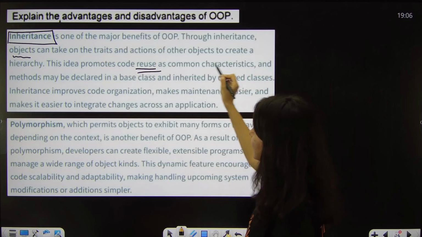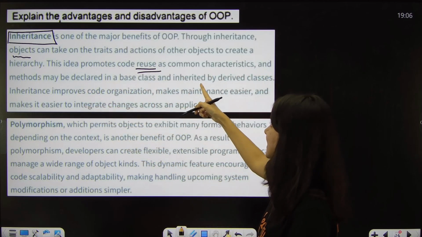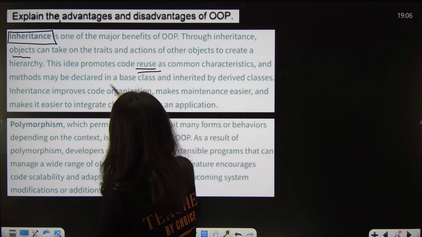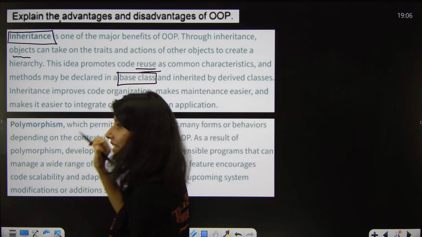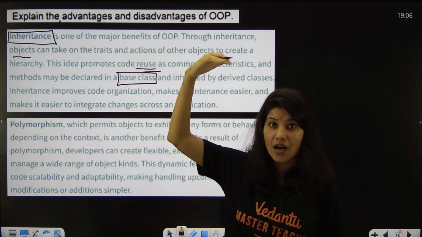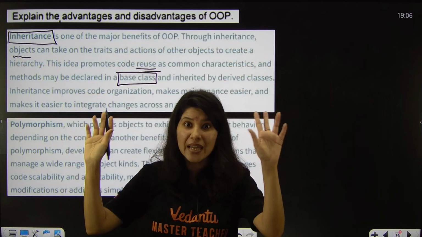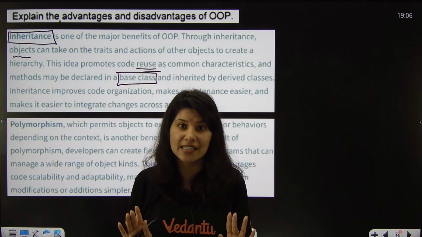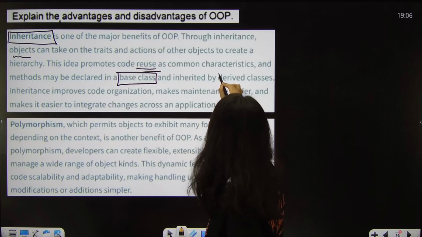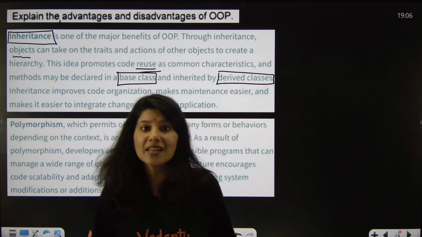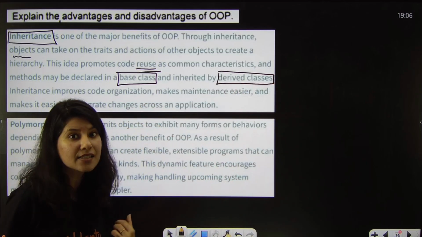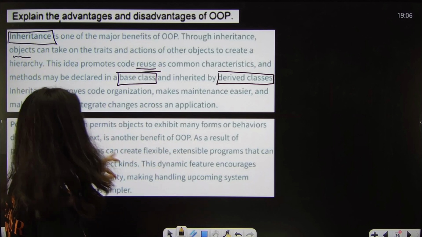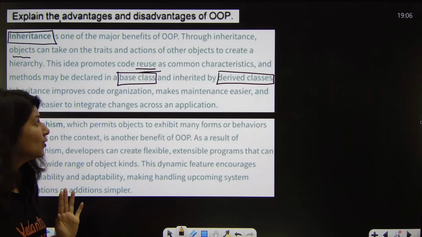Common characteristics and methods may be declared in a base class and inherited by a derived class. So basically there will be a base class. The base class will be the main class. It will have the upper hand in the hierarchy, the first-time created class. Now there will be a derived class. Derived class means that it will inherit some of the characteristics or properties of the base class. So again, reusability, understood? Okay.